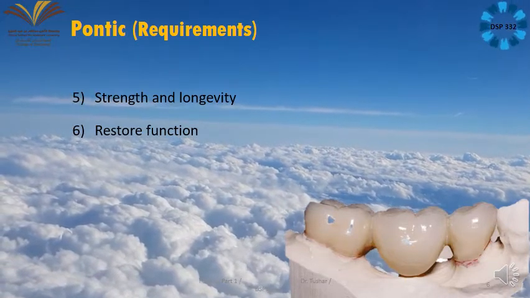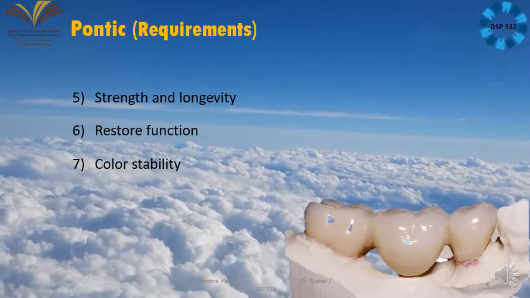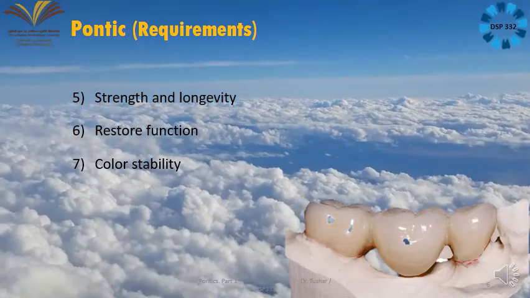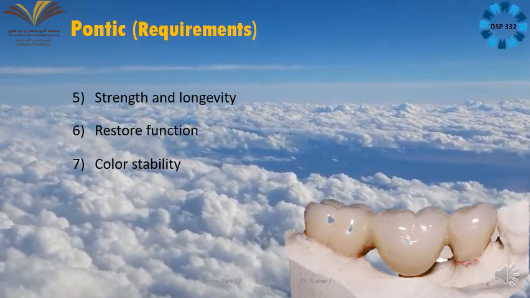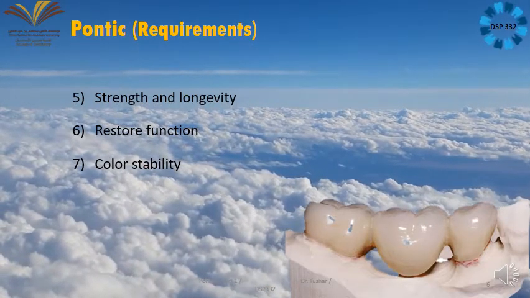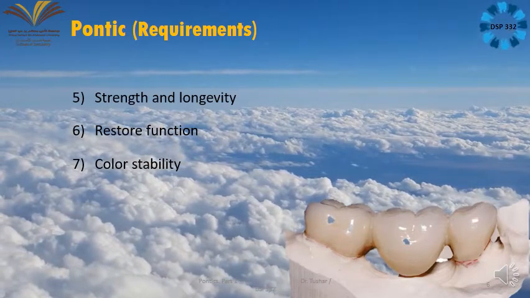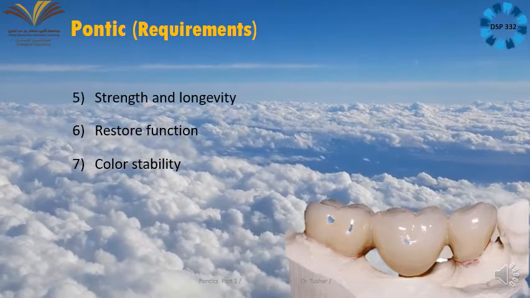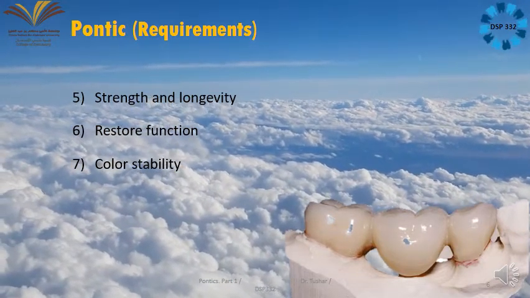So this is again one more important requirement of your Pontic. Color stability should be there, because there are certain materials. For example, if I tell you regarding the composite, now you know that a composite restoration gets discolored in the long run because of coffee stain, because of tobacco or smoking stains. So that is a disadvantage.